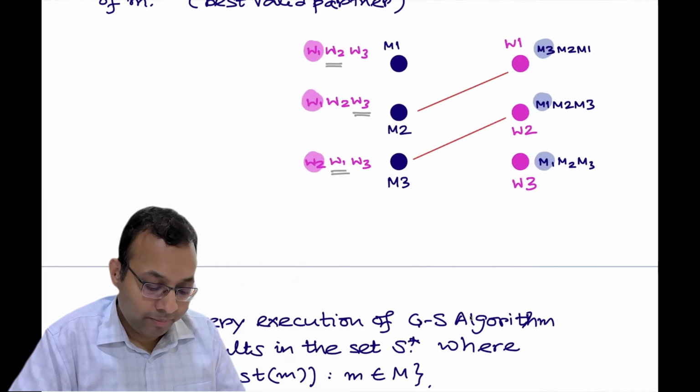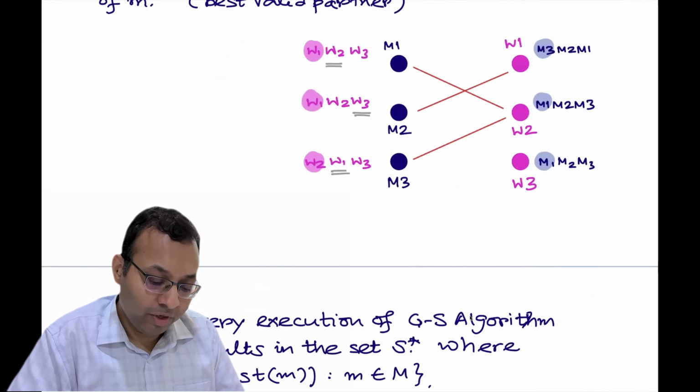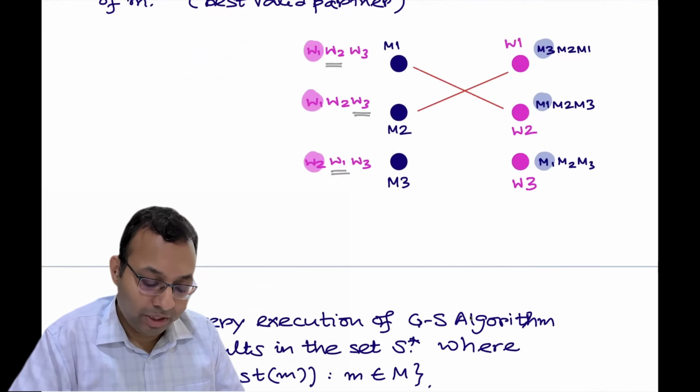Now M1 comes and proposes to W2, its second preference, as W1 has already rejected it, so it can only propose to W2. And at this point, W2 finds M1 preferred over M3. So W2 will break the pairing with M3. Now M3 is free again, so he will propose again.